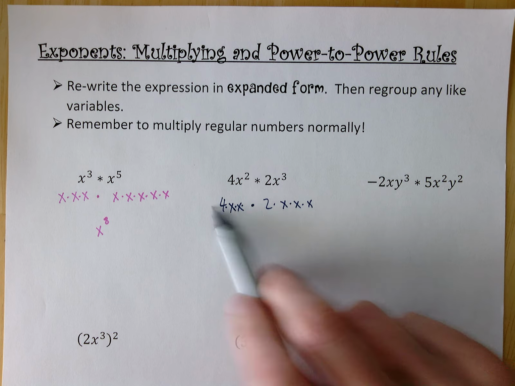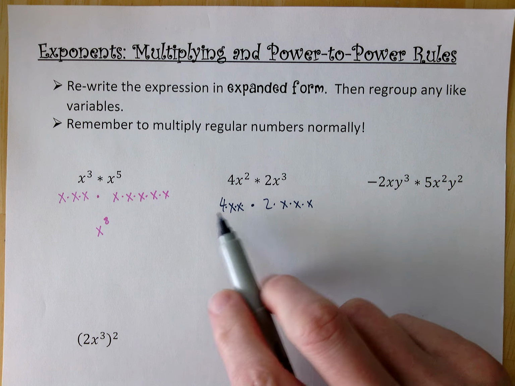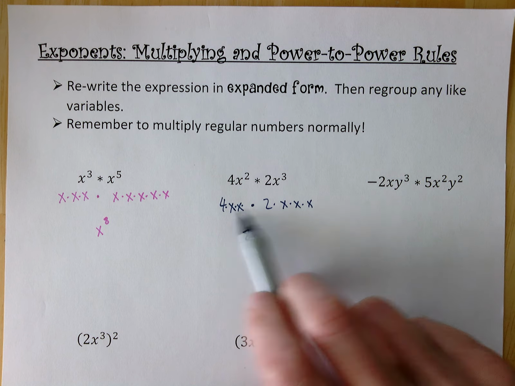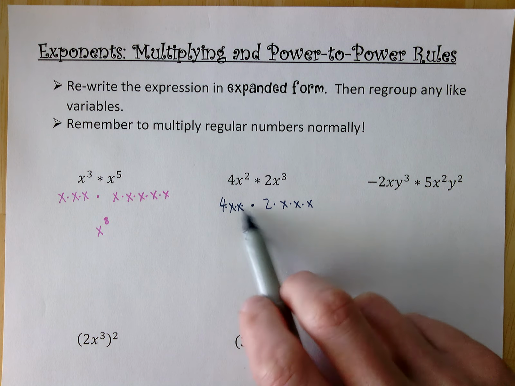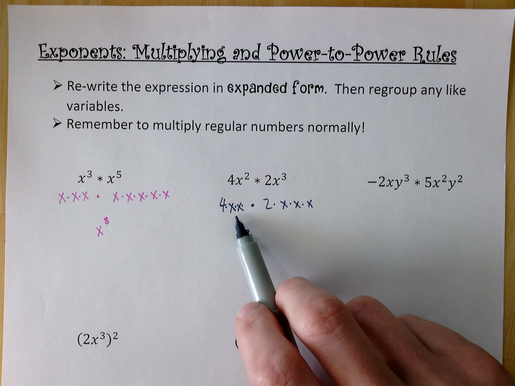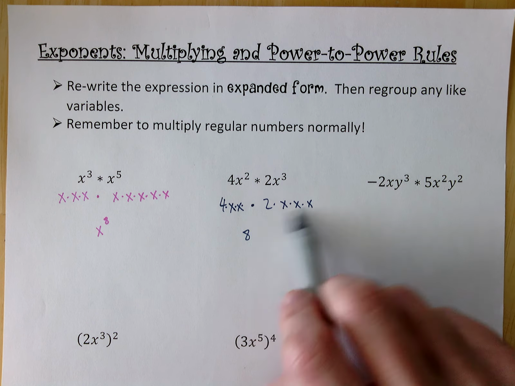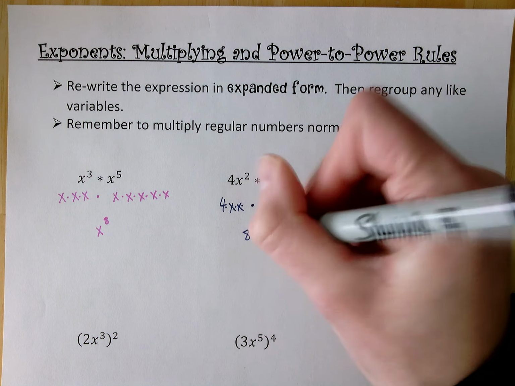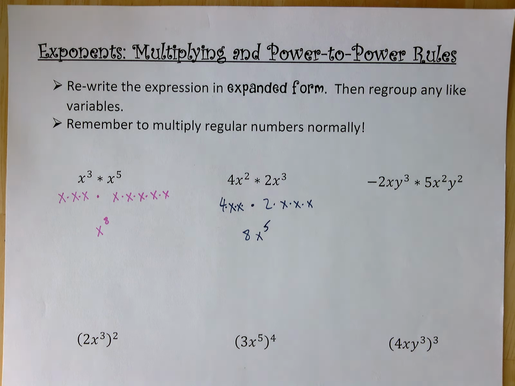The 4 and the 2, you can just multiply like normal numbers. What's 4 times 2? It's 8. And then I'm multiplying a whole bunch of x's together. You can multiply things in any order that you want, just like how 4 times 2 is the same as 2 times 4. Since this is all multiplication, I can regroup, and there are 1, 2, 3, 4, 5 x's here, so that's x to the fifth. And there we go, that's our answer.